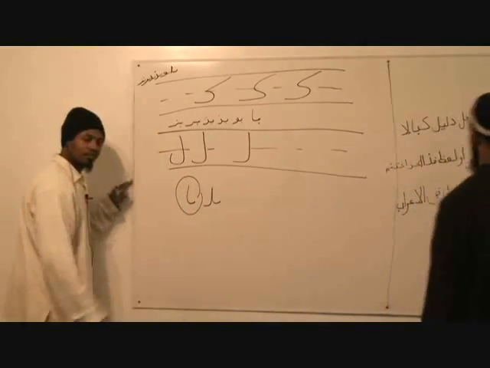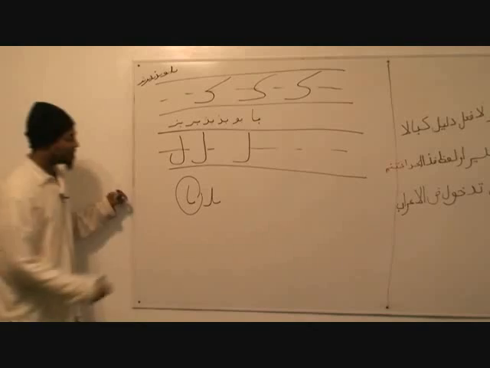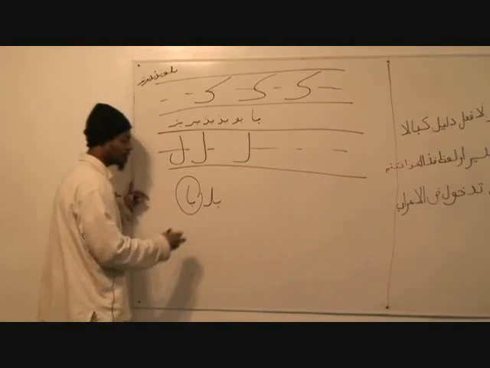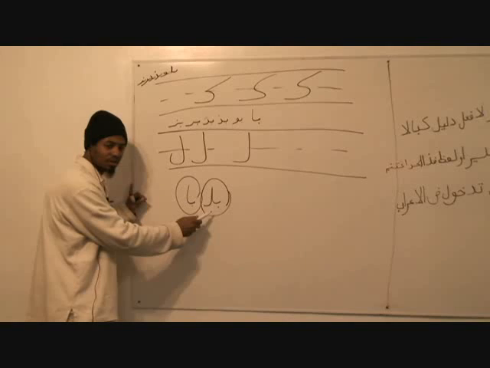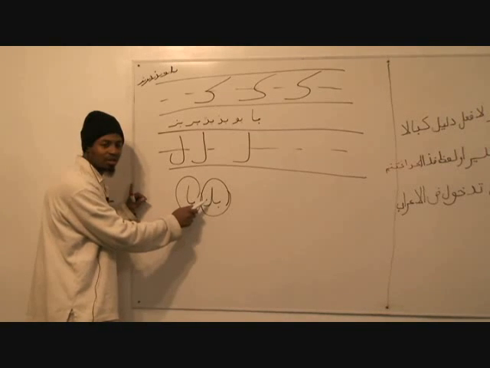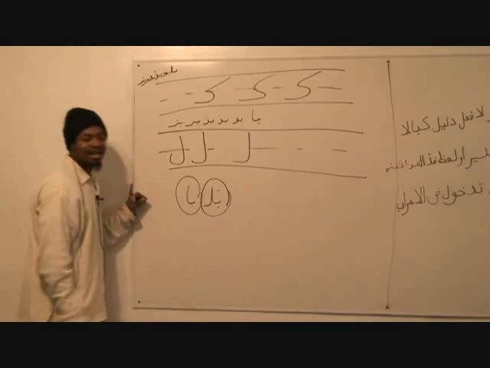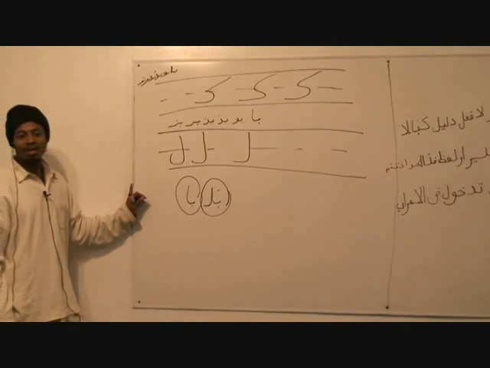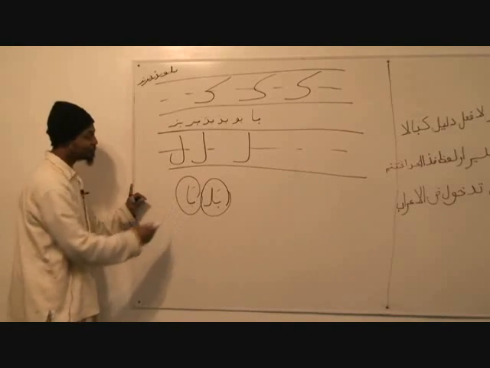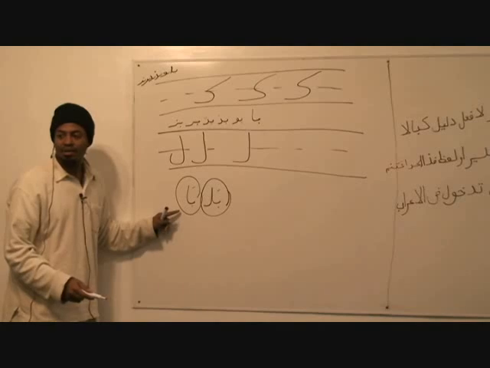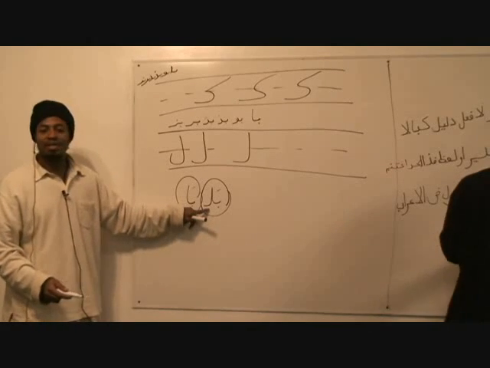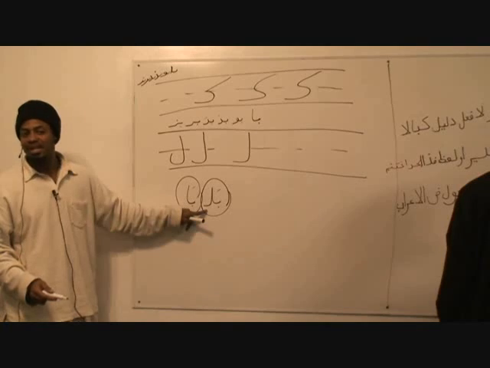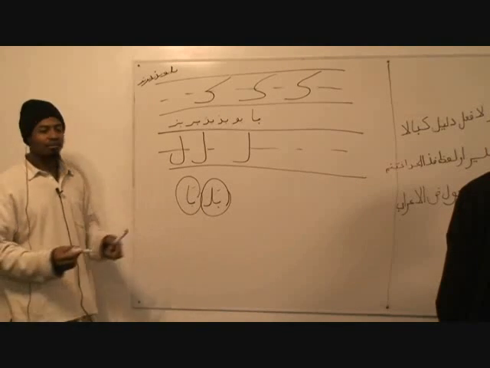What's this? Alif. What's this? What's the first letter? And the second letter? Read it. Bal. What's this one? Ba. You see the difference? All they have is something on the bottom. Does that make sense? Very easy.